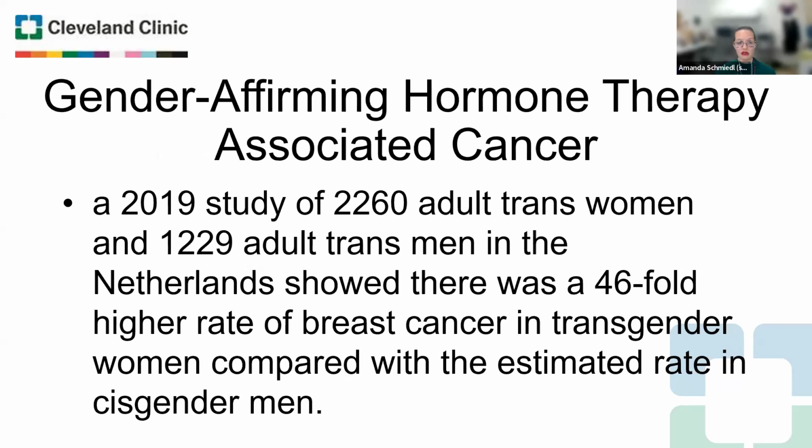And then in terms of gender affirming hormone therapy associated cancer, there is this risk of possible association with cancer formation, and so this 2019 study of over 2,000 adult trans women, so assigned male at birth, and 1,200 adult trans men, so assigned female at birth, in the Netherlands, showed that there was a 46-fold higher rate of breast cancer in transgender women compared with that estimated rate in cisgender men.